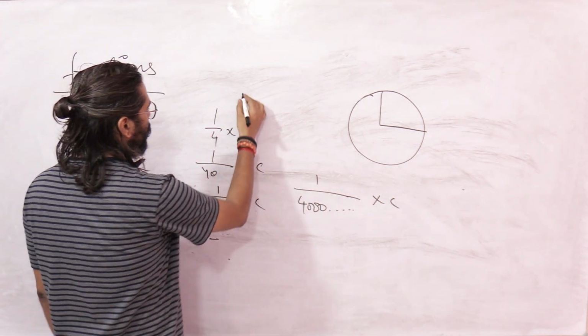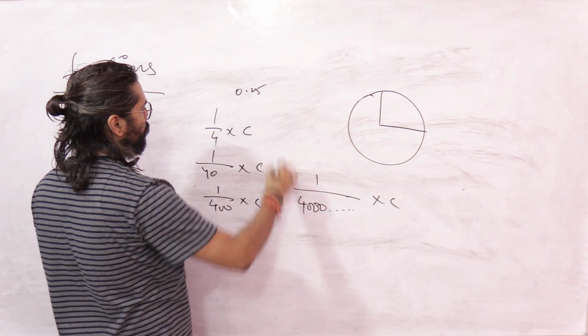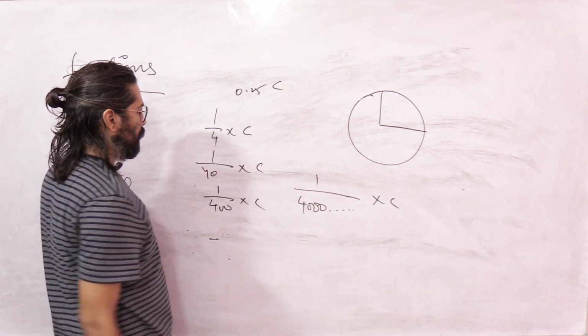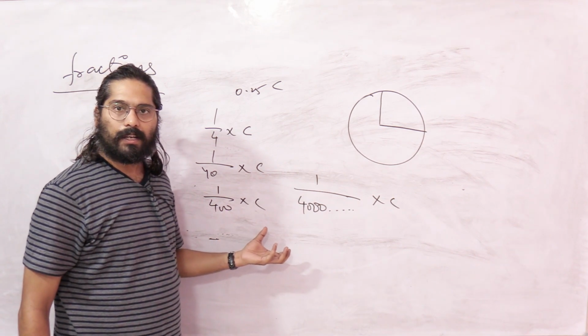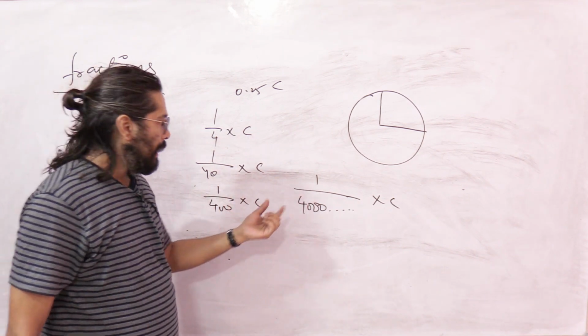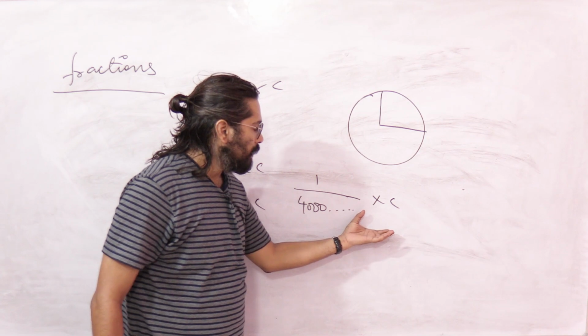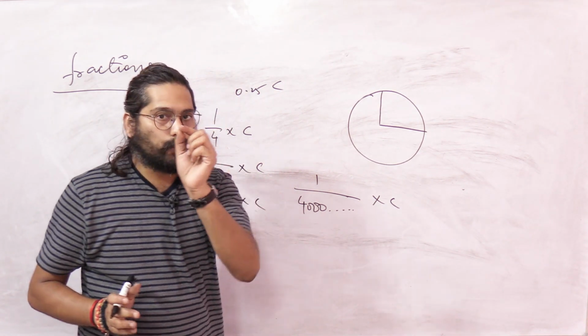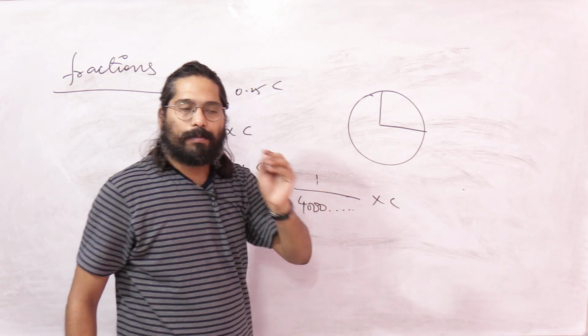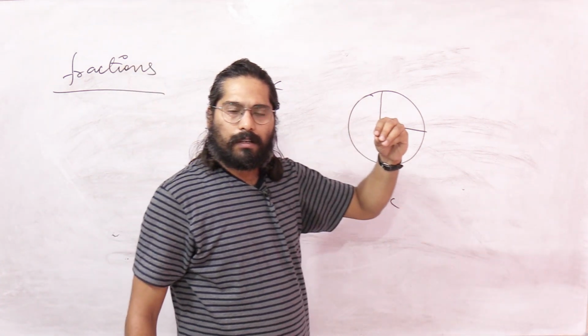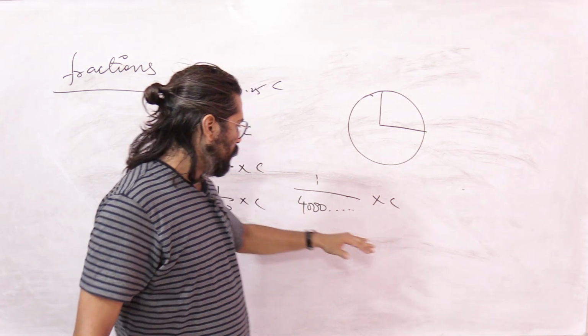This is definitely 0.25 of the circle. Similarly, this part is defined as some part of the circle, and this part is however close to 0. This whole result comes out to be very near to 0.